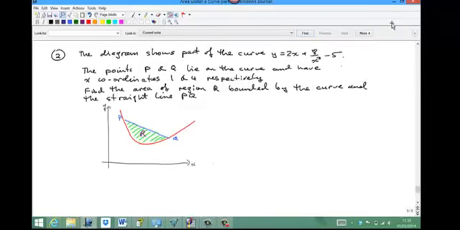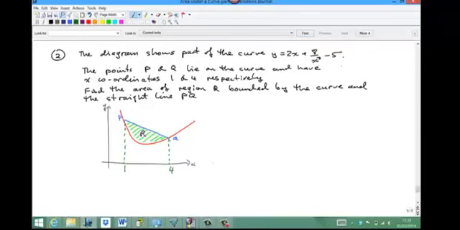So for question 2, we need to find the area R. To do this, draw two lines down perpendicular to the x-axis. This is the x-coordinate of P, which is 1, and this is the x-coordinate of Q, which is 4.